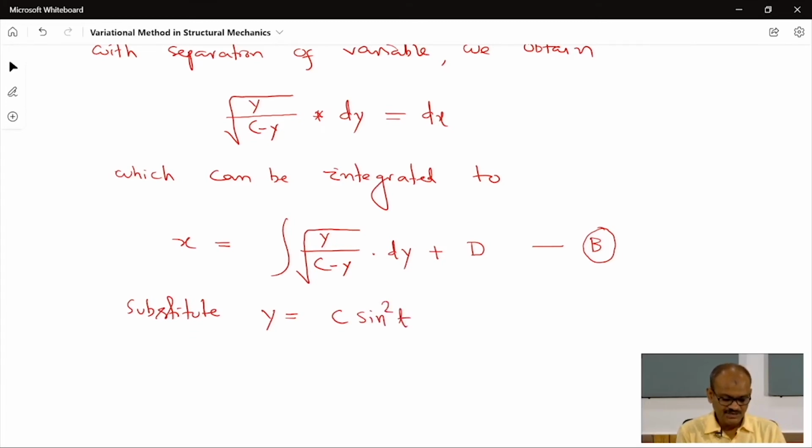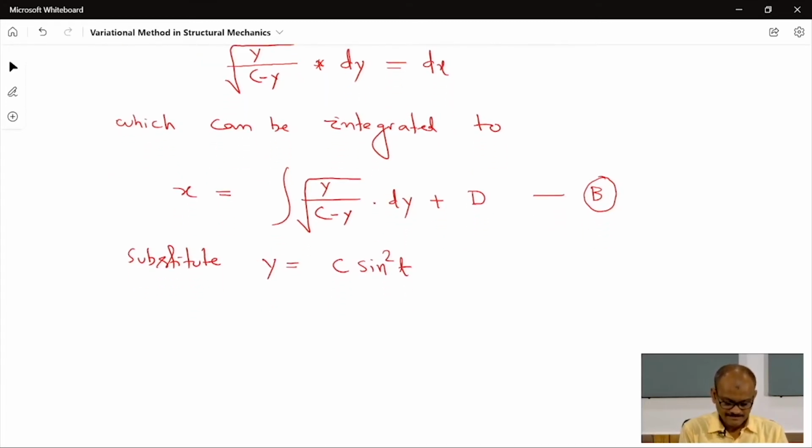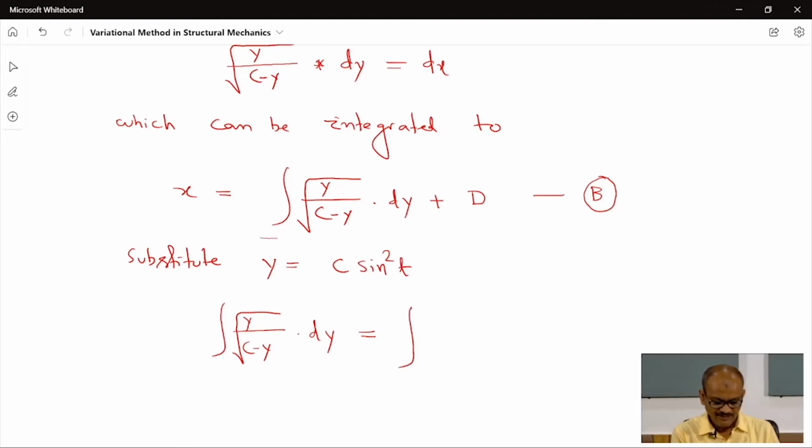We are evaluating the integration of root over of y divided by (c minus y) into dy.